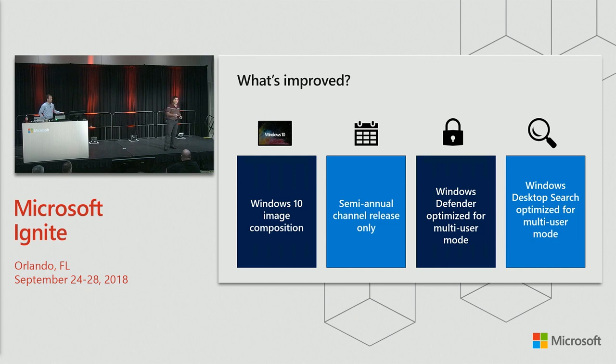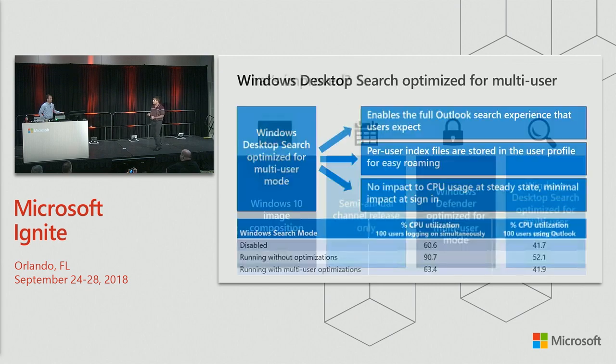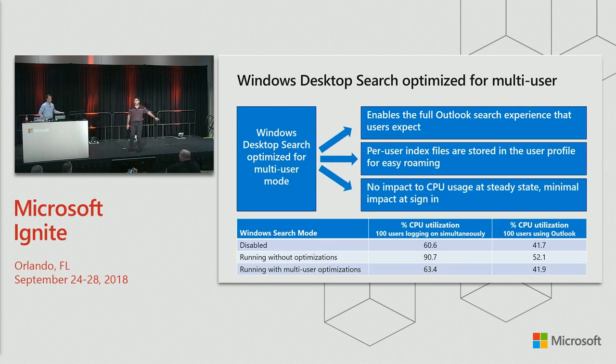So the indexer doesn't get started again, which means there is barely any impact. Let me start with the bottom table there. With it disabled, with 100 users trying to log on at the same time, you will see about 60% CPU utilization. And with 100 users in steady state, it's 41% utilization.